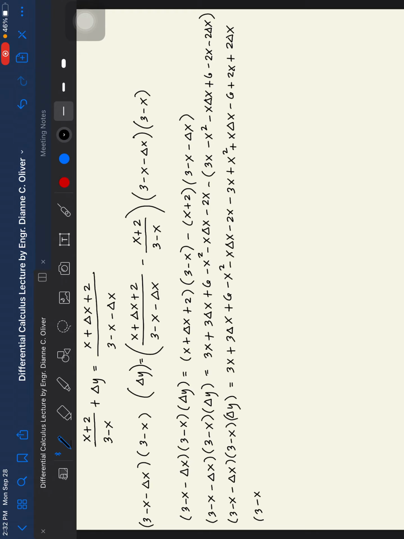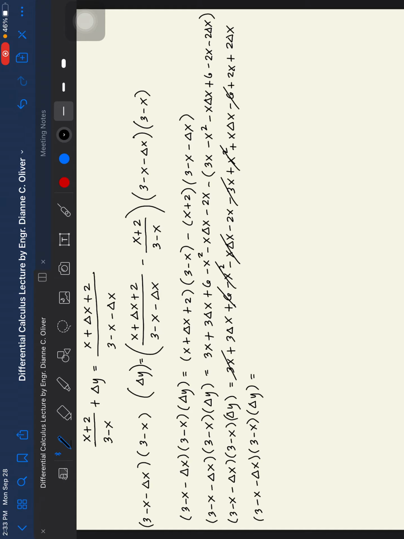So let's combine like terms. 3x and negative 3x is already 0. 6 minus 6 is 0. Negative x squared and x squared is 0 already.